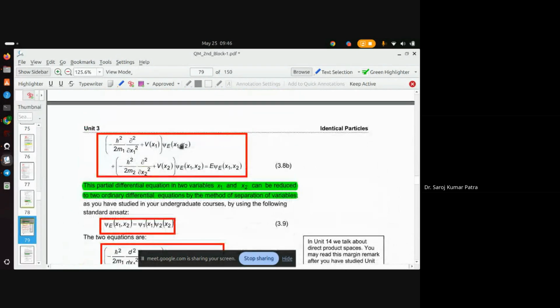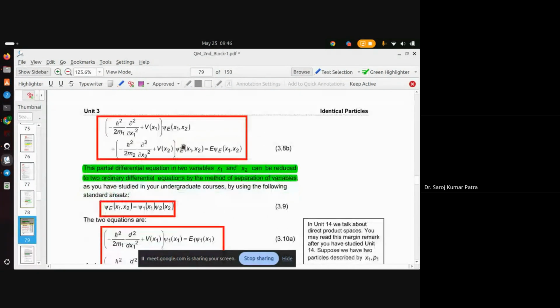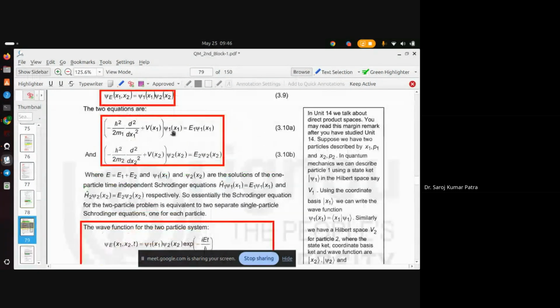Here it was a function of two variables x1, x2, but here it is a function of only one variable. So minus h cross square by 2m1 d square by dx1 square plus V(x1) psi1 is equal to E1 psi1. And similarly, minus h cross square by 2m2 d square by dx2 square plus V(x2) psi2 is equal to E2 psi2, and E1 plus E2 is equal to E. So that way we can find the solution independently.